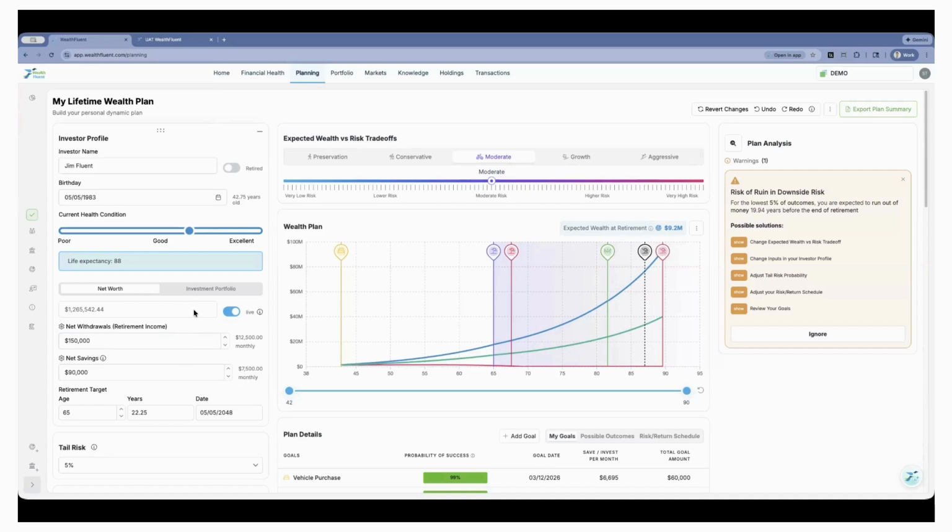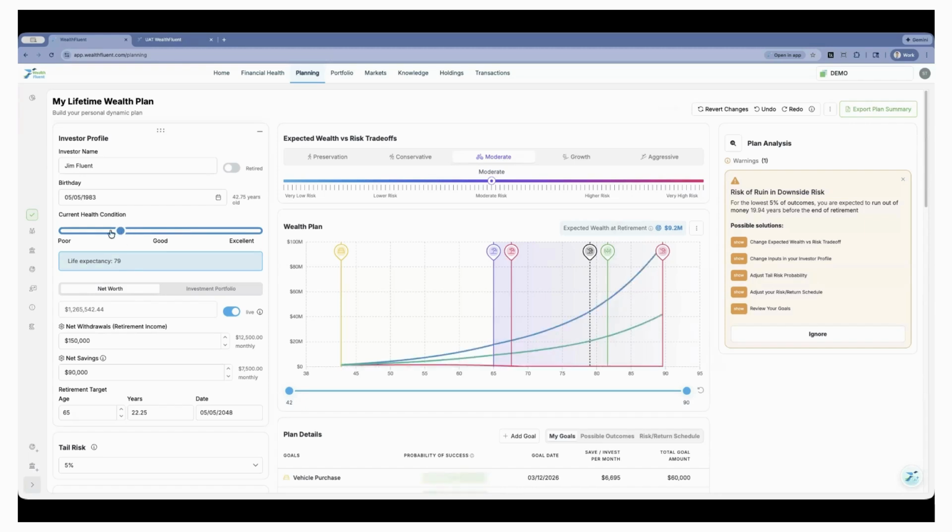We take into account lots of pieces of the puzzle, but one of the most important things to think about when planning for a lifetime is, the biggest risk people usually have is living too long in retirement. And you want to make sure that your assets last as long as you live. So having an accurate sense of health is important. So we use the actuarial tables from the IRS to estimate expected life, but you can change the input.